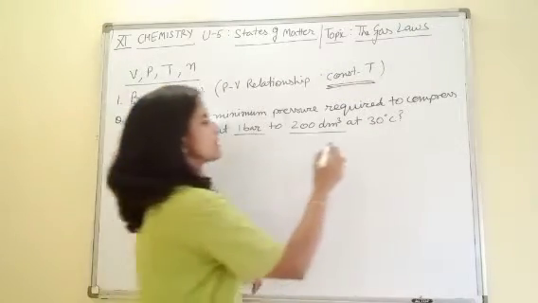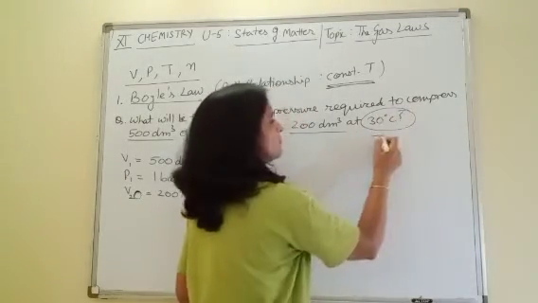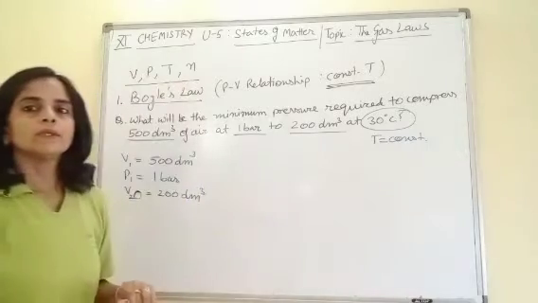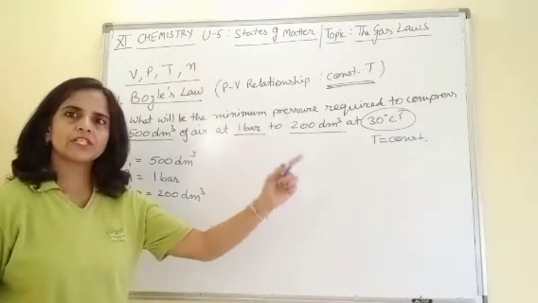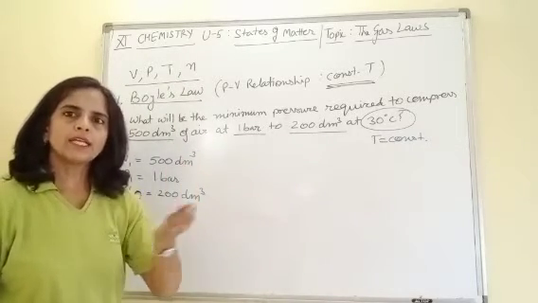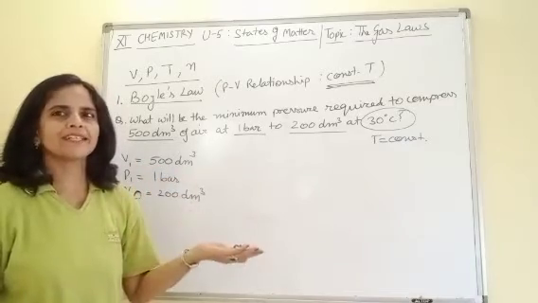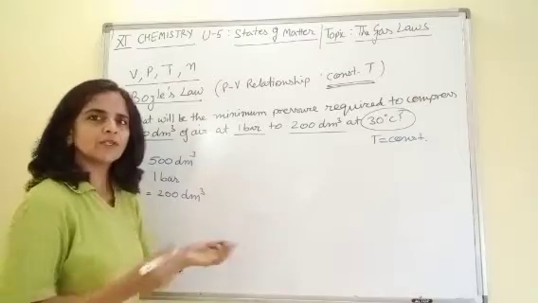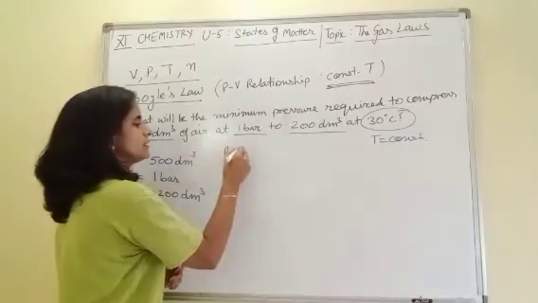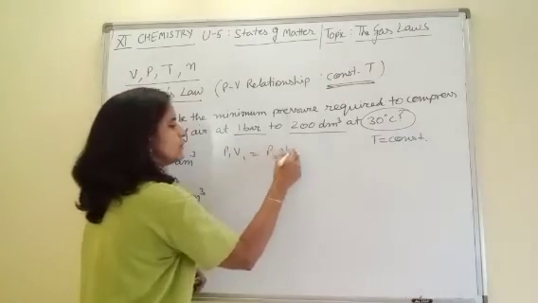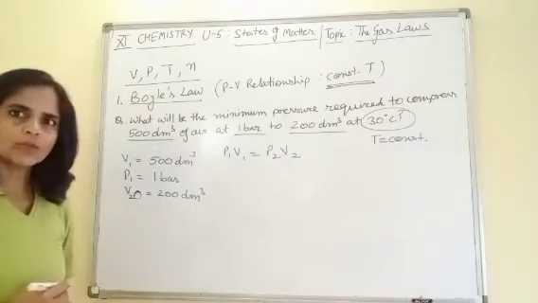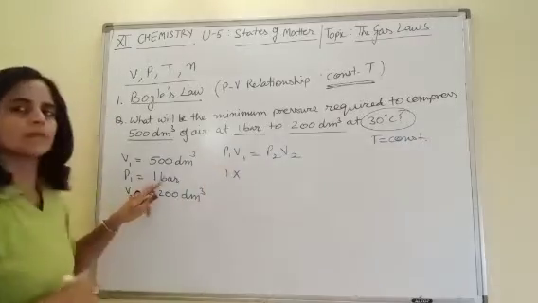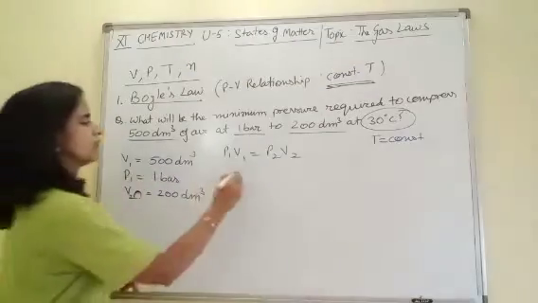Next, at 30 degrees Celsius, means they are keeping temperature constant. Now, easily we can decide: if temperature is constant, which law relates pressure and volume? Of course, that is Boyle's law. So now apply the relation for Boyle's law, P1 V1 equals P2 V2. Substitute the values. Initial pressure 1 bar, initial volume 500.